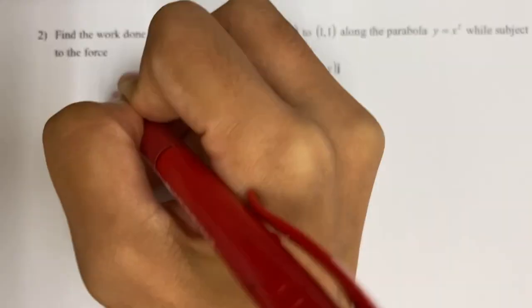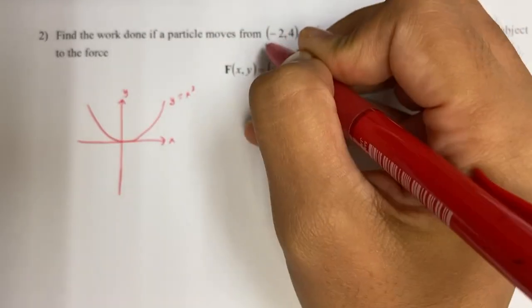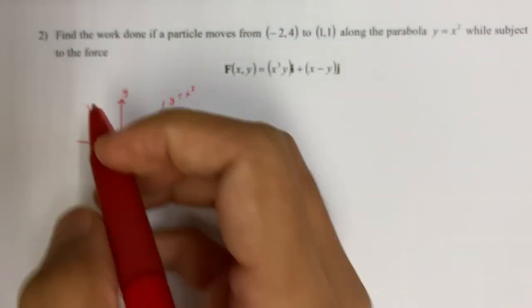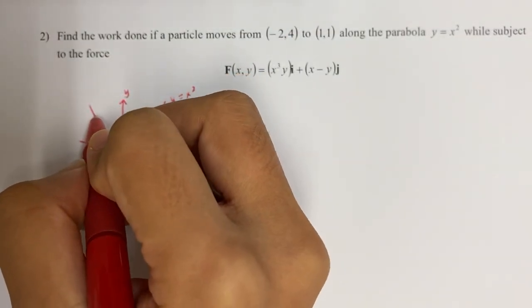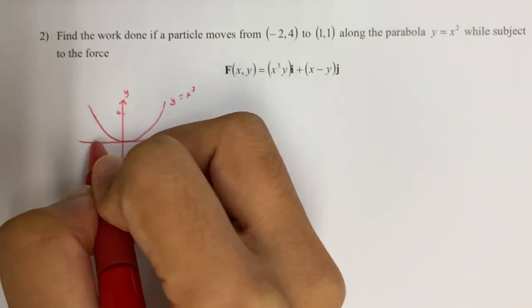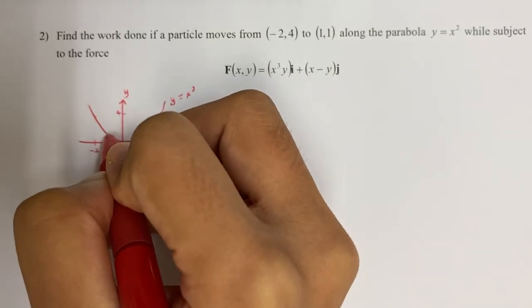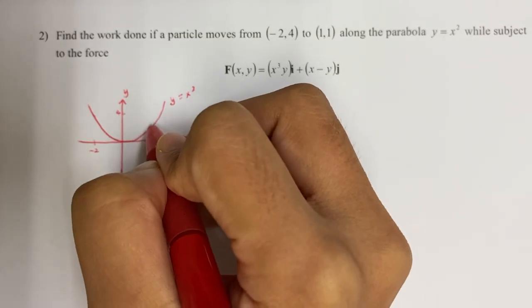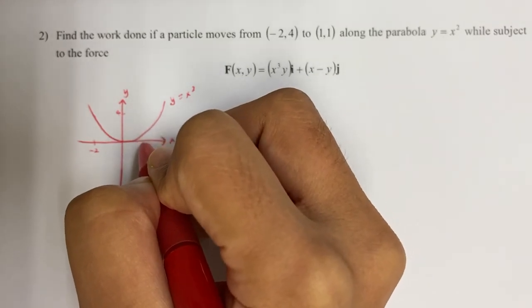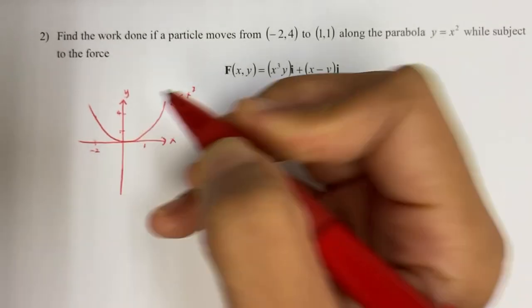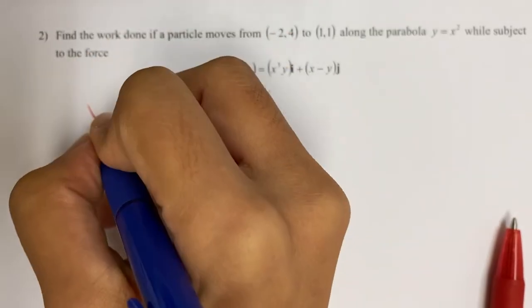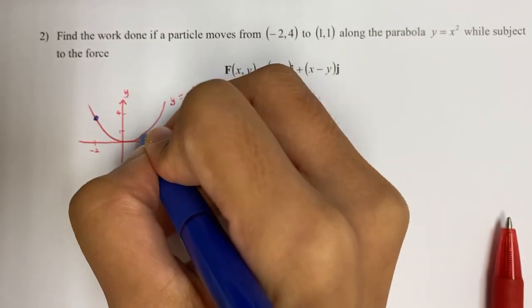This is x and y. Point negative 2, 4 is somewhere around here, and 1, 1 is here. It moved from this point to this point.